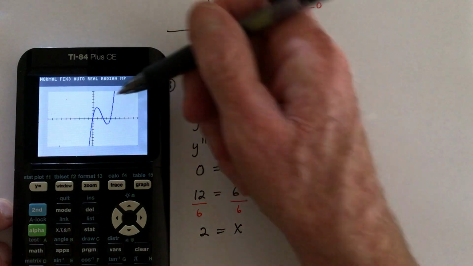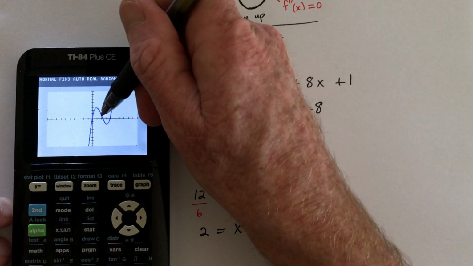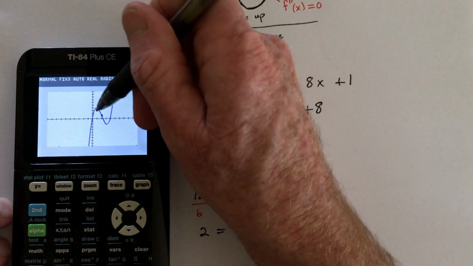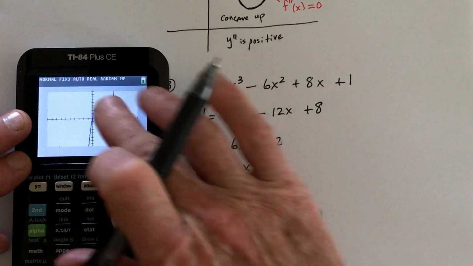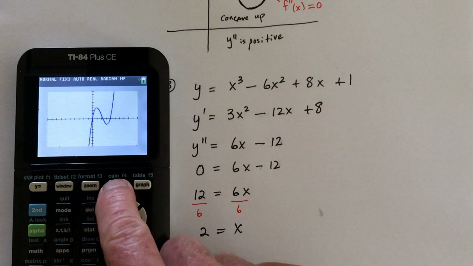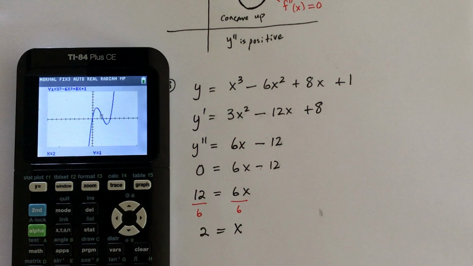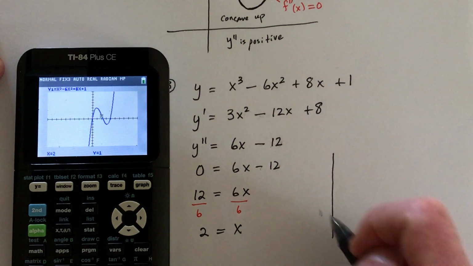So when I look at this graph, I would say right about there is where it changes from concave down to concave up. So that must be x equals 2. And trace, and you put 2, and that's where it's changing from concave down to concave up.